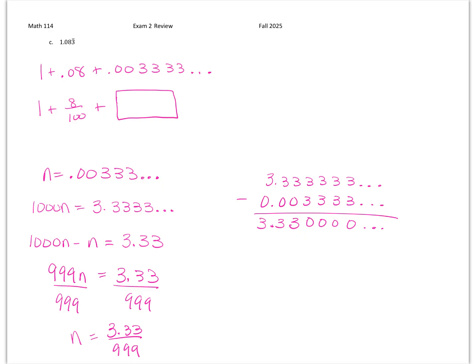So I'm going to multiply the top and bottom of that fraction by 100 to move that decimal 2 places to the right in the numerator. So n is 3.33 over 999, and I'm going to multiply the top and bottom of this fraction by 100. So I get 333 divided by 99,900. So that is the fraction that goes here.